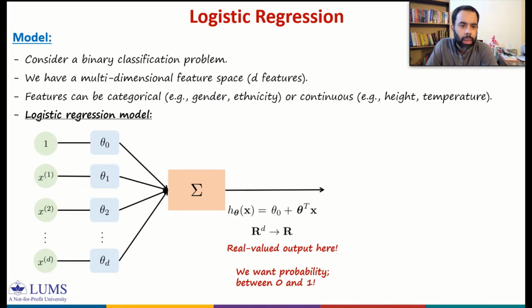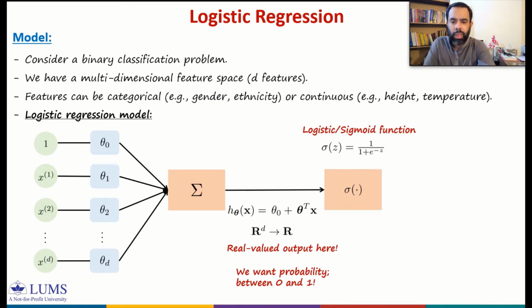To do this, we use a function which we call the logistic function, or sigmoid function, which is mathematically given by 1 over 1 plus exponent of negative of the input. It's a mapping from one-dimensional space to one-dimensional space. Z can take any value from minus infinity to infinity, and what you get is a value between 0 and 1.